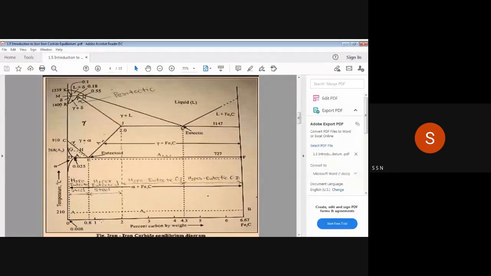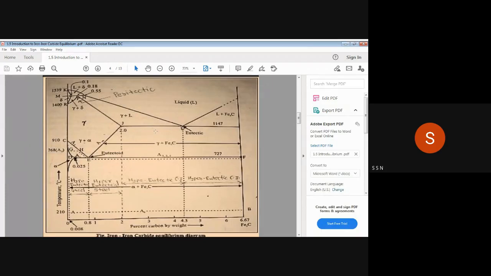The phase diagram has on the x-axis the different percentages of composition present in that alloy, and on the y-axis temperature, and in between, for a particular temperature and composition, all the phases are present in that diagram.